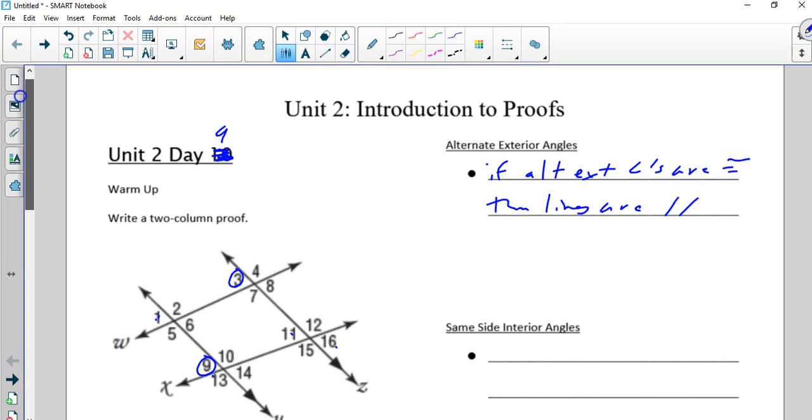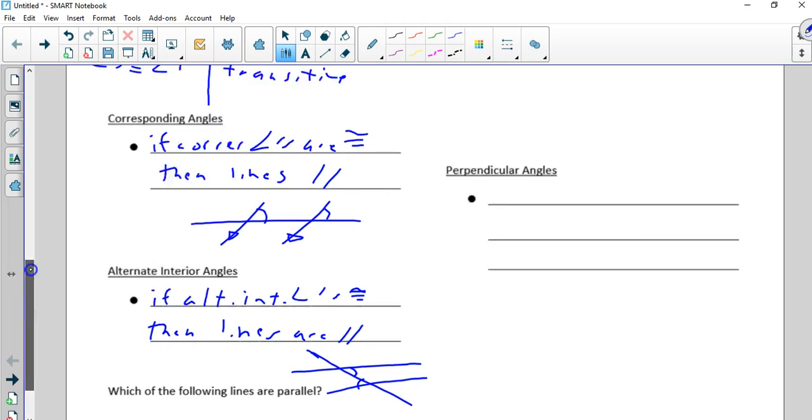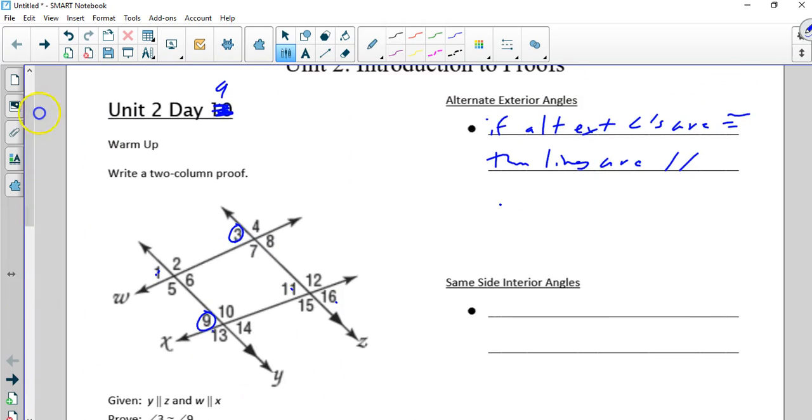I love technology. Oops. I apologize. Down here on this one, I did exterior angles. So, alternate interior there. I am sorry. So here, alternate exterior shows you that these two lines are parallel.